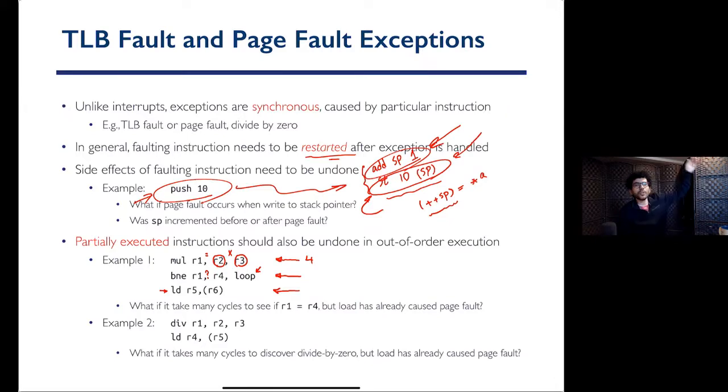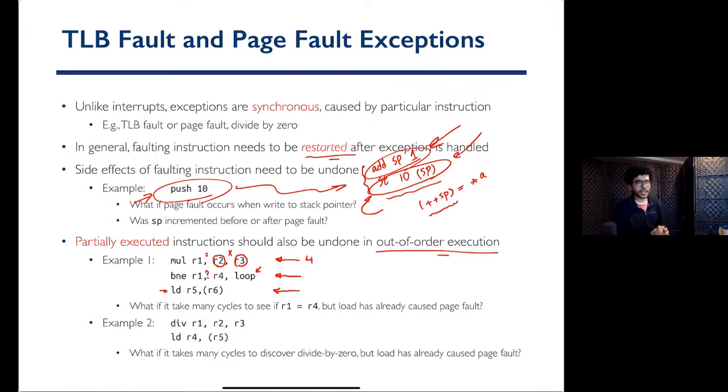I'm going to jump to loop. Now, in out-of-order execution processors, it's too expensive to wait for the multiplication to be done before we start looking at the future instructions.